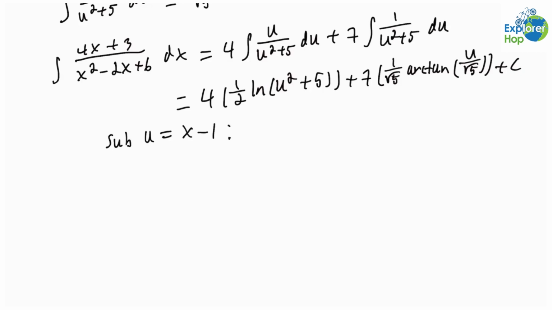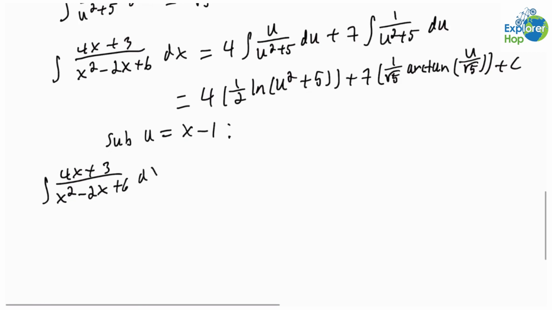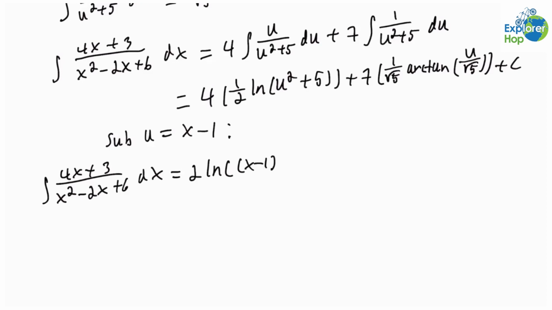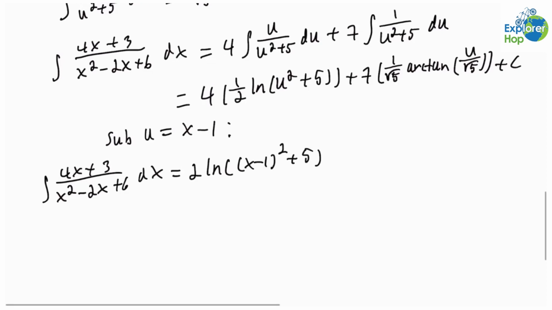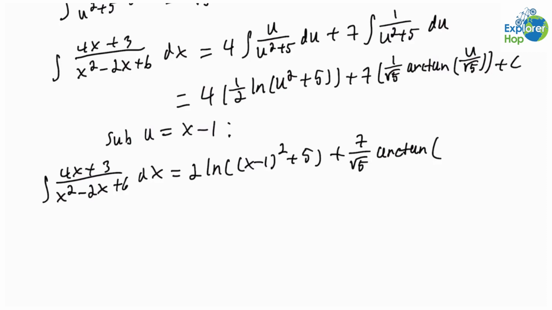And we get that the integral of 4x plus 3 over x squared minus 2x plus 6 dx is equal to 4 over 2, which is 2, times ln of x minus 1 squared plus 5 plus 7 over root 5 times arctan of x minus 1 over root 5.